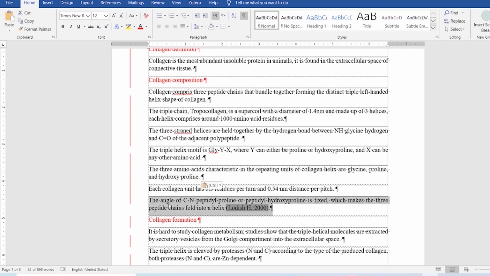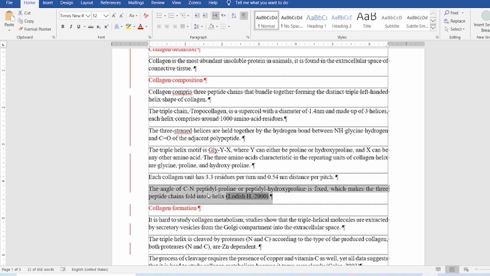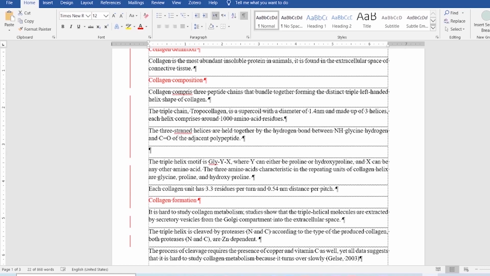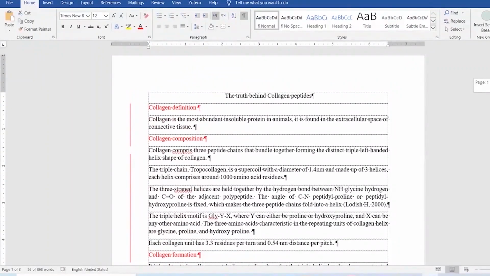I will move this angle of the three-stranded helical structure here, triple helix. By that, we have almost finished all steps in content editing. Next time, we will structurally edit this article.